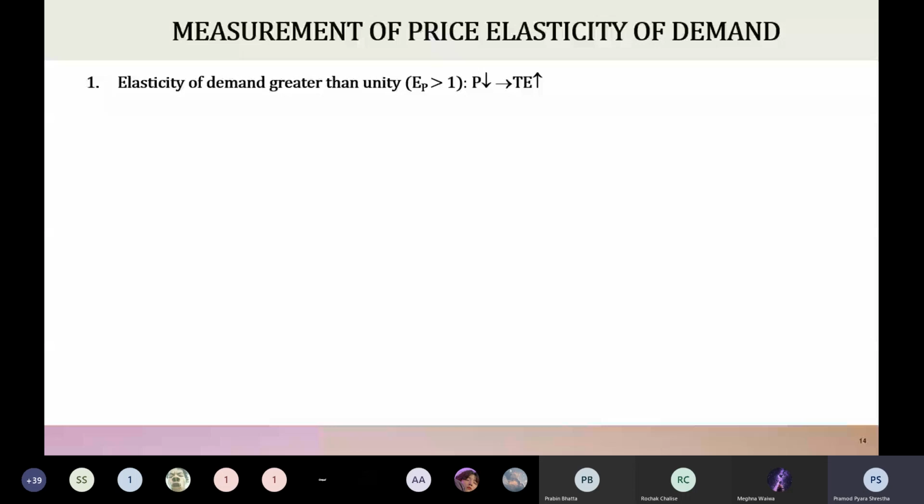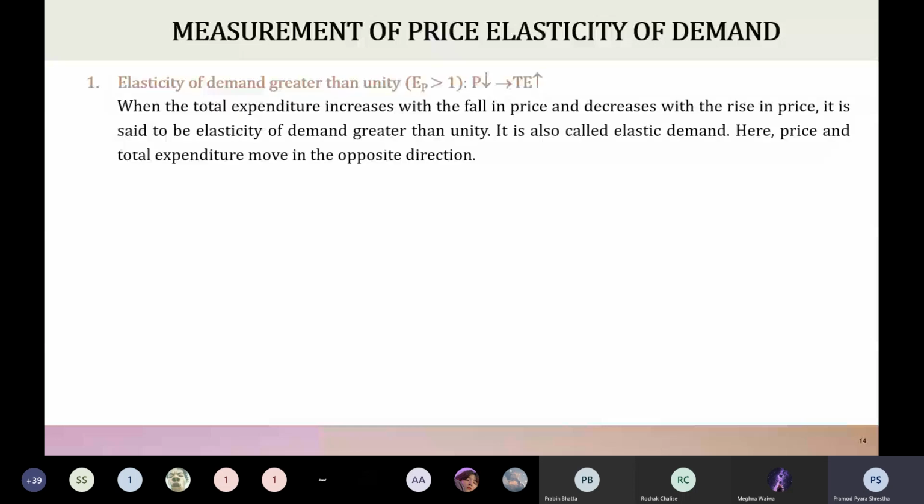So we can explain this as: when total expenditure increases with the fall in price and diminishes with the rise in price, it is said to be elasticity of demand greater than 1, also called elastic demand. In this case, price and total expenditure move in the opposite direction. In other words, total expenditure increases with the fall in price and diminishes with the rise in price.